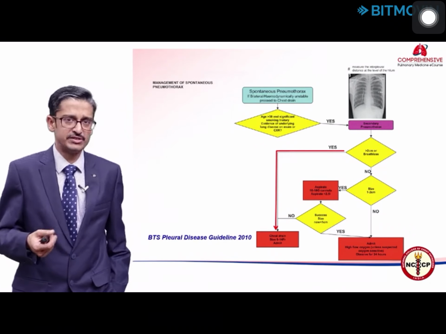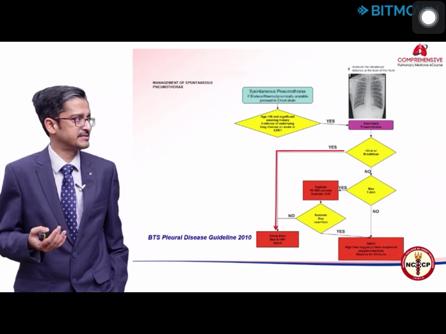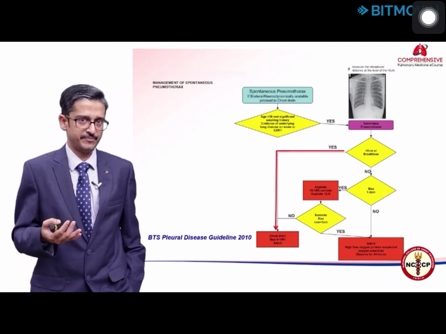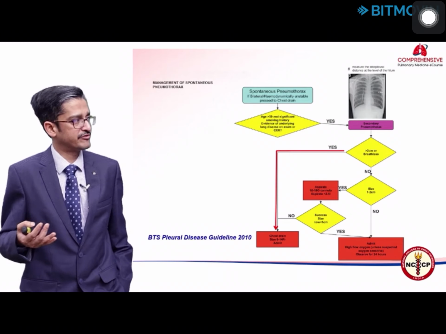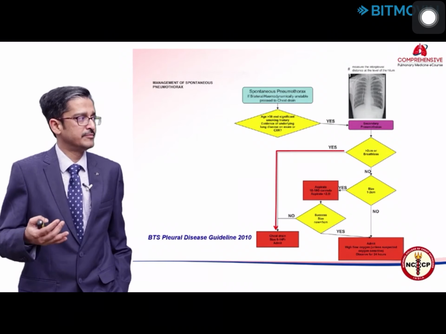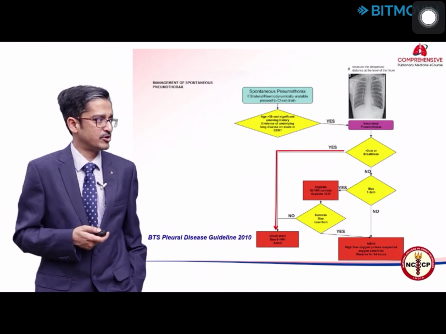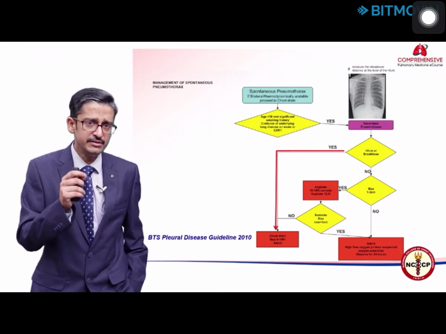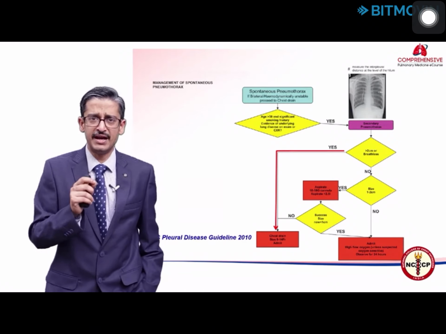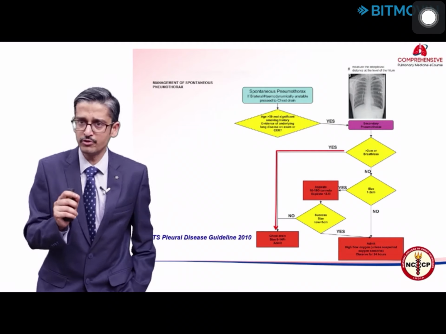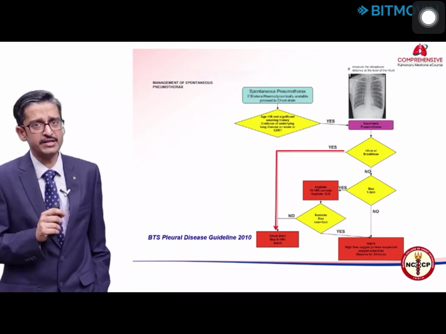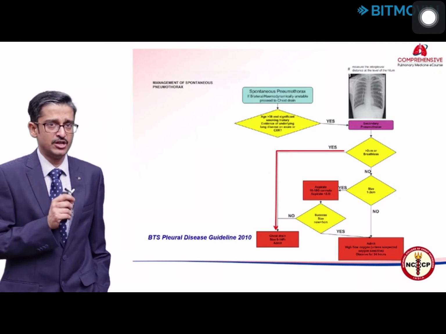If it's less than 2 centimeters, so size is 1 to 2 centimeters, then you aspirate. And if you are successful, then that's fine. If you're unsuccessful, then you would put in a chest drain at that point of time. Other than a small minority of patients where the lung expands with aspiration, most of your patients with a secondary pneumothorax would actually get admitted to hospital.